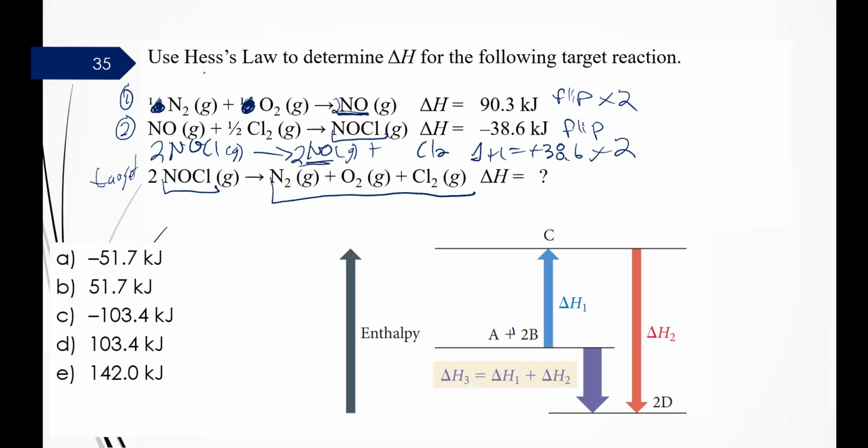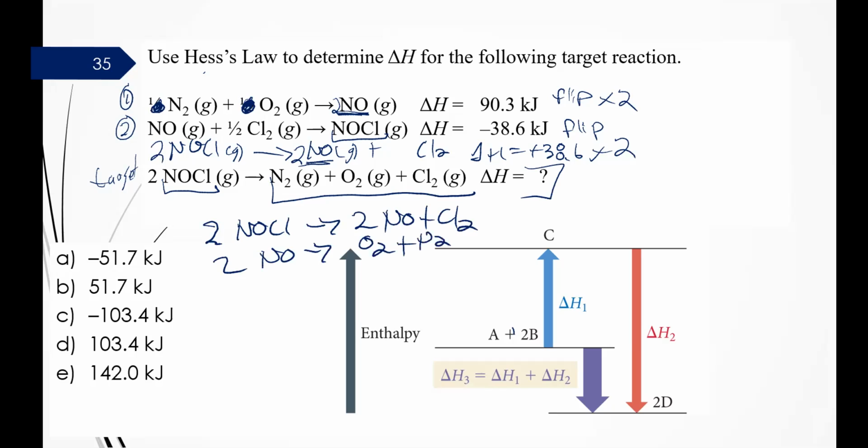So as you're working with the equations, your goal is to manipulate them so that way you can make this one down here, your target equation, identically. So with the flip and multiplying it by 2, we have 2NO plus CO2. This becomes 2NO, O2 plus N2.